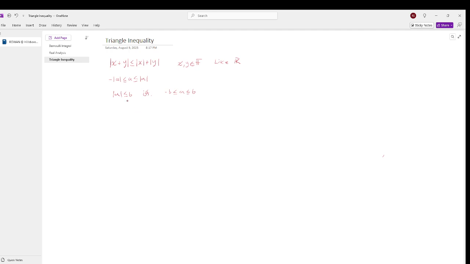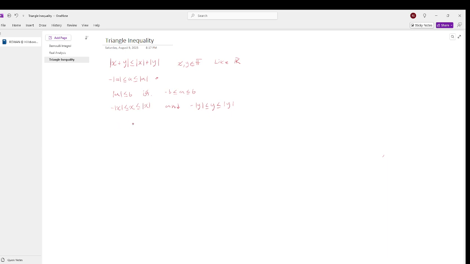So what we're going to do to prove this, first, let's just state the obvious. Negative absolute value of x is less than or equal to x, which is less than or equal to the absolute value of x, and negative absolute value of y is less than or equal to y, which is less than or equal to the absolute value of y. That's just from this right here.